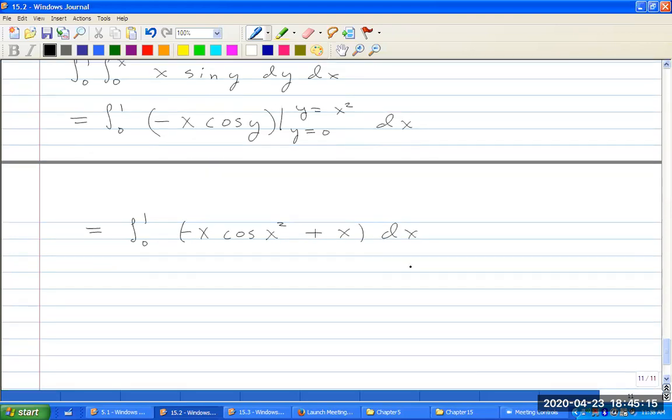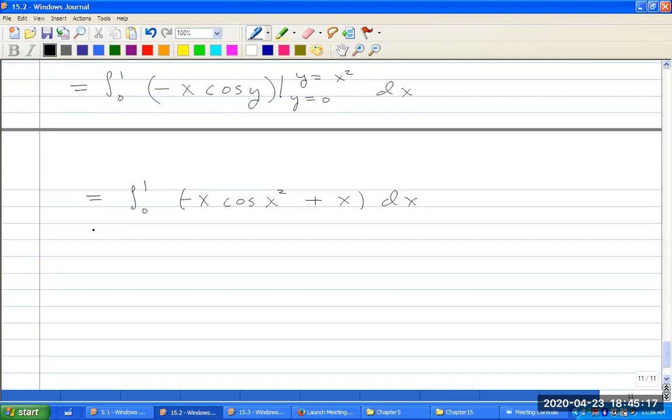Okay, so let's integrate this. The integral is minus 1/2 sine x squared, plus the integral of x, which is 1/2 x squared.